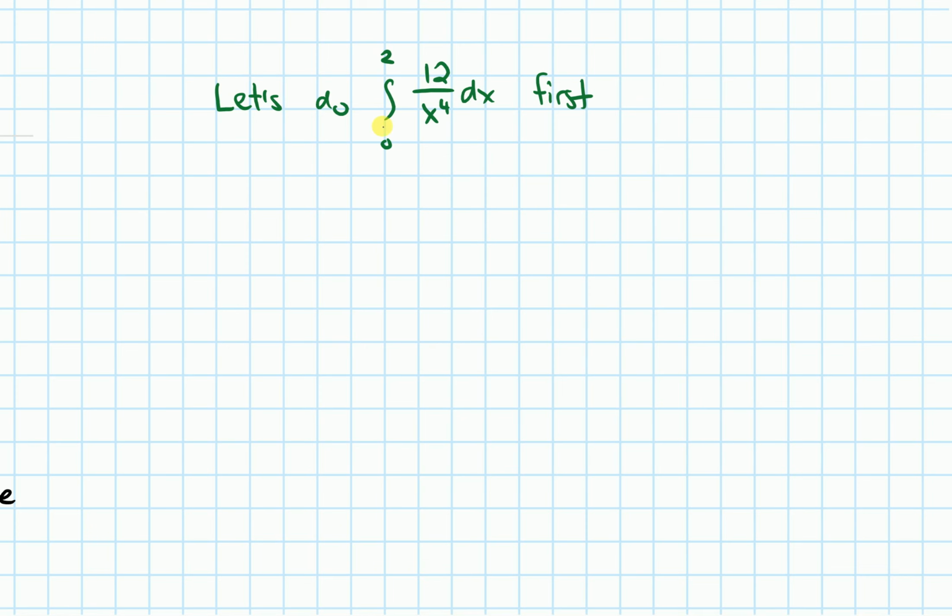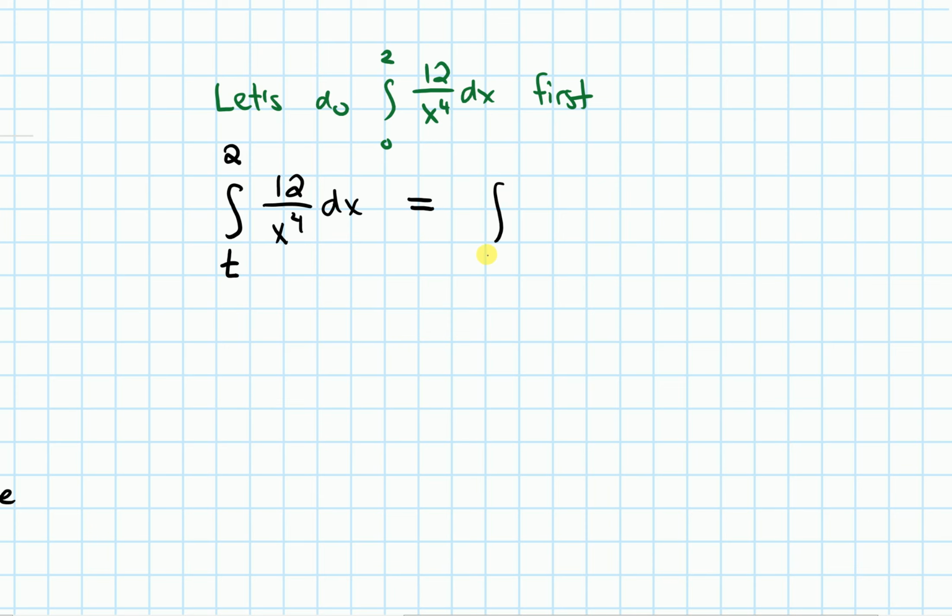This is improper because of the 0. So I replace the 0 with a t, the variable, and then I have the integral from t to 2 of 12 over x to the 4 dx. Later I'm going to take a limit with t and let t approach 0 from the right-hand side.